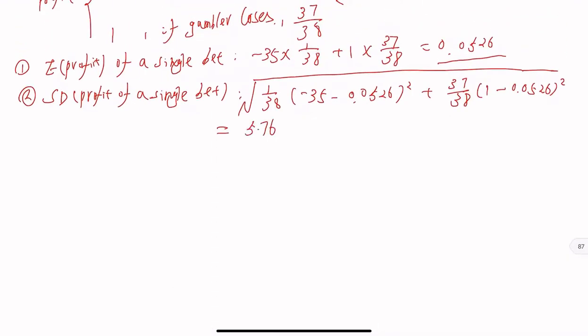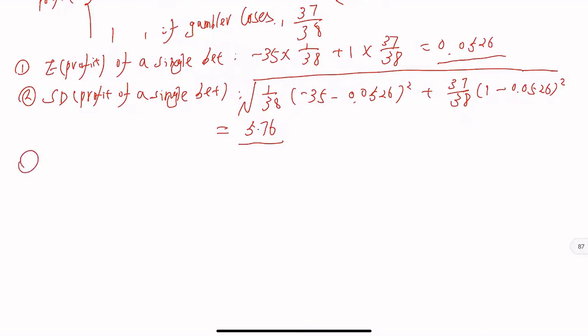Now, if you compare these two numbers, 5 cents versus $5, you can see that from the casino's perspective, even though the expected value of a single bet is positive, it's actually a risky business because the standard deviation is about 100 times this expected profit. So it is very risky.